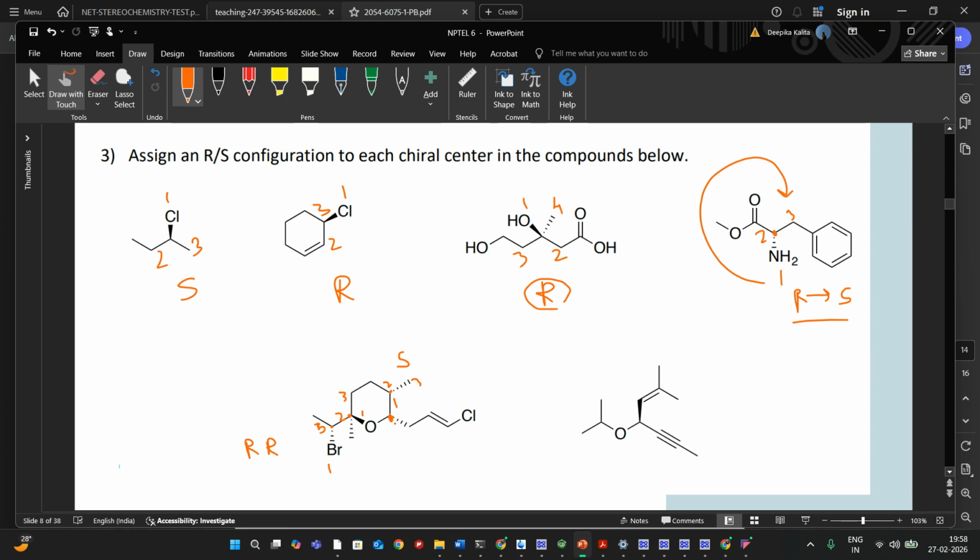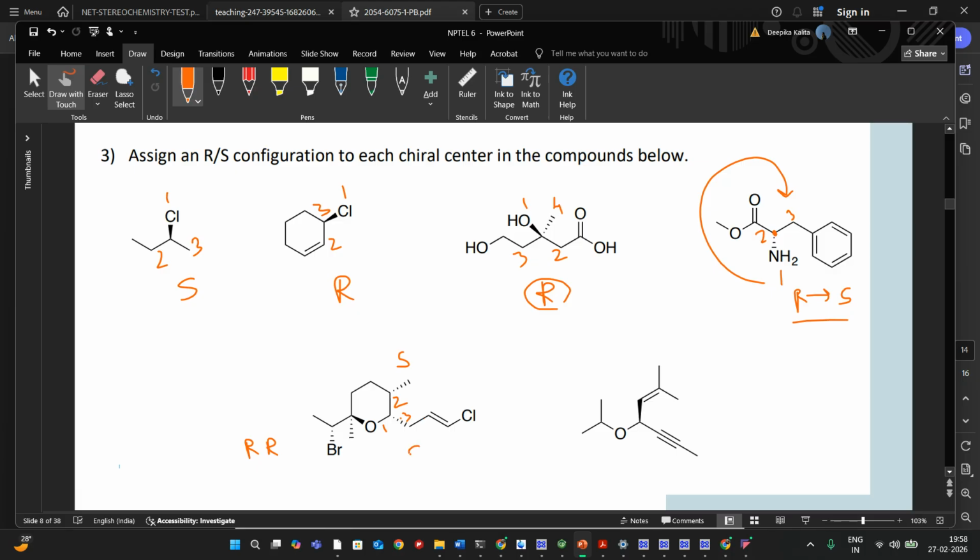And lastly, we are left with only one center. So for the last center, this will be 1, this will be 2, this will be 3, and the fourth group is above the plane.